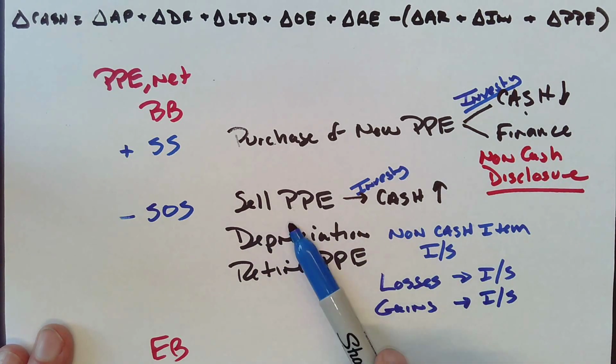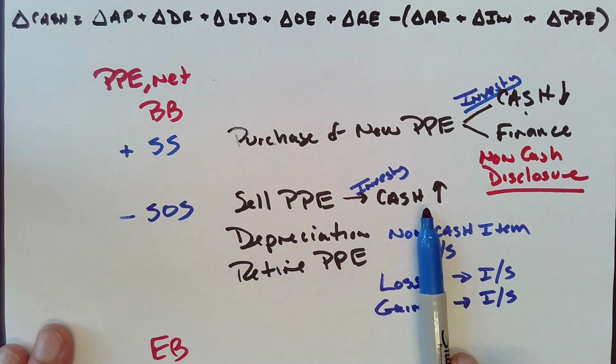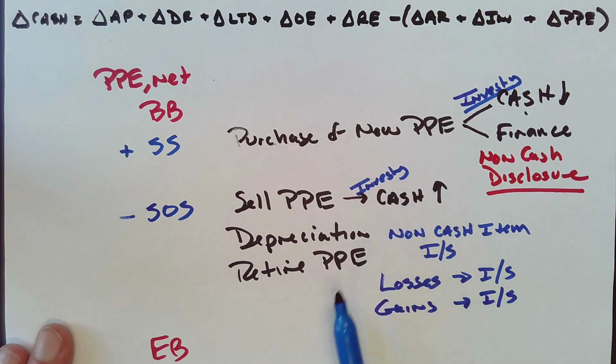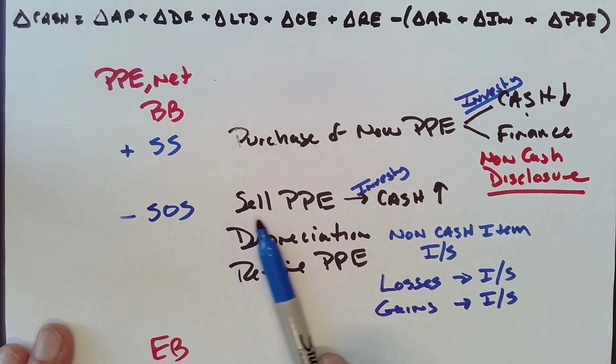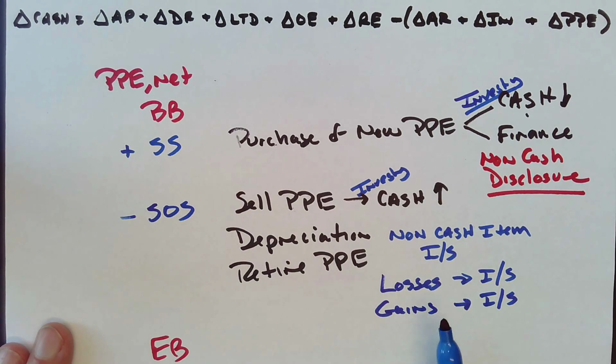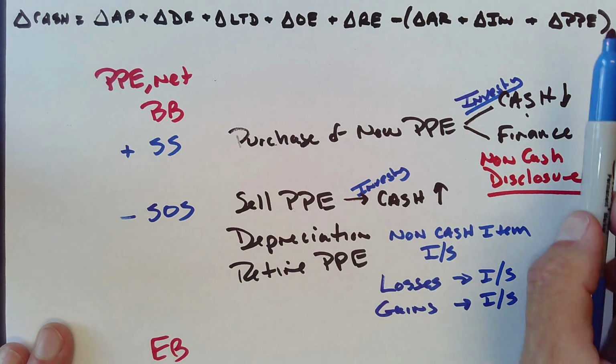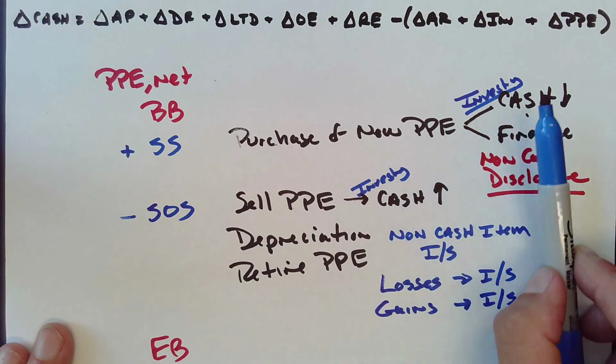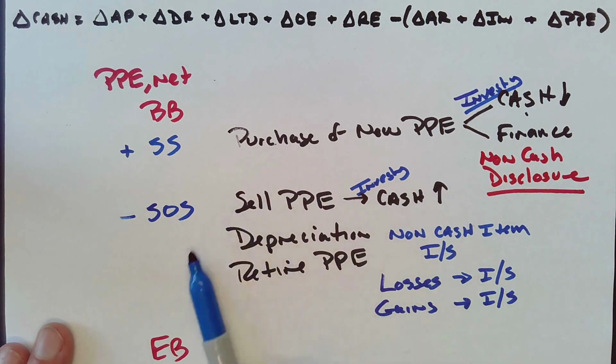But we are going to report the full amount of cash when we sell it. So if we sell it and there's a loss or a gain, we've got to do something with that, because we're going to recognize the full amount of cash. We'll come back to these three items: depreciation, losses, and gains off of the sale or retirement or disposal of PP&E. But when I look at PP&E, there's going to be two items, and both of these items are going to go to cash, and then we've got to figure out what to do with these gains and losses as well as depreciation. We'll come back to that.